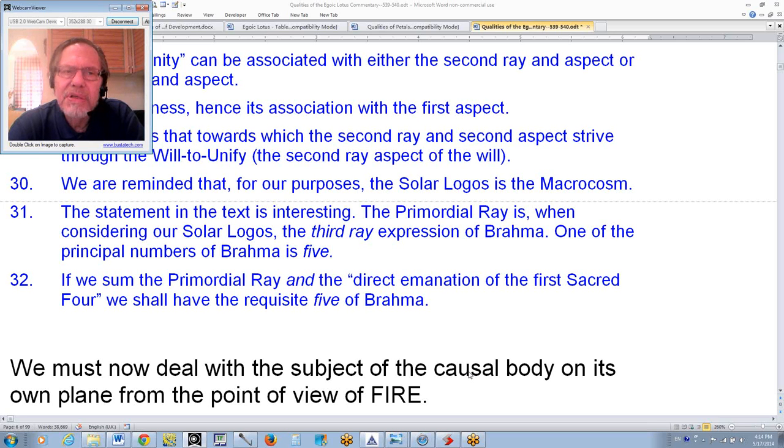And the divine ray is considered to be the second. So, the third ray, expression of Brahma, and one of the principal numbers of Brahma being 5. So if we sum the primordial ray and the direct emanation of the first sacred 4, we shall have the requisite 5 of Brahma. What we've been trying to do is connect the Egoic Lotus not only with the second aspect, but with the third.